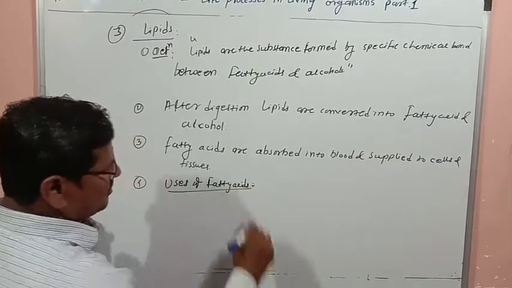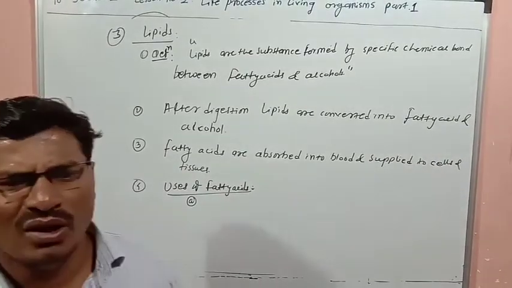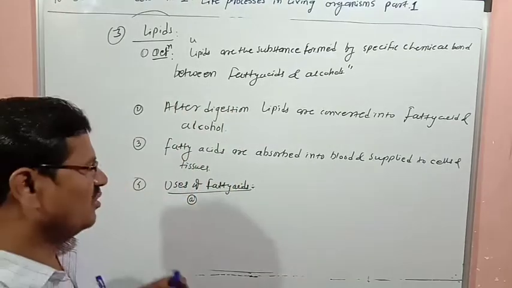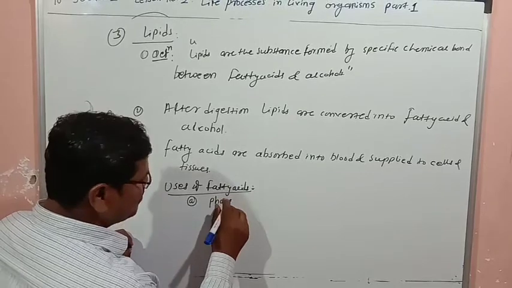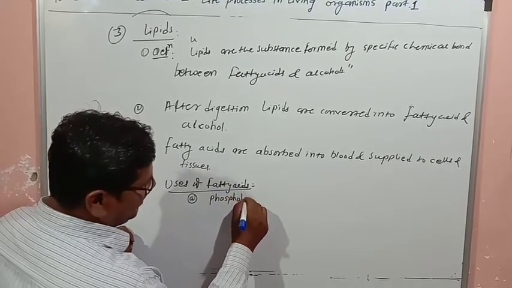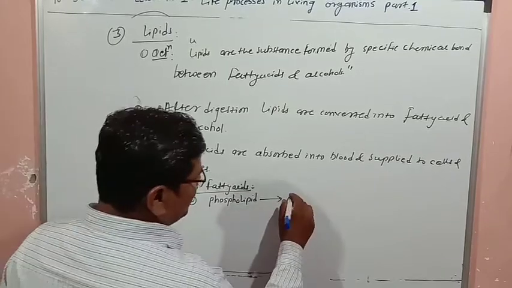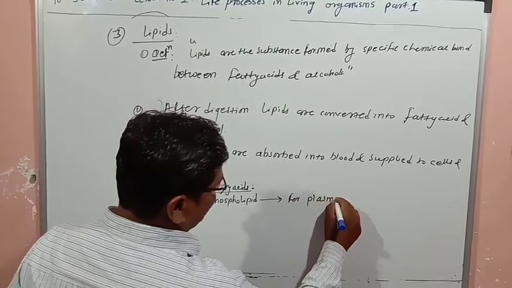The first use is that phospholipid is used for the formation of plasma membrane.